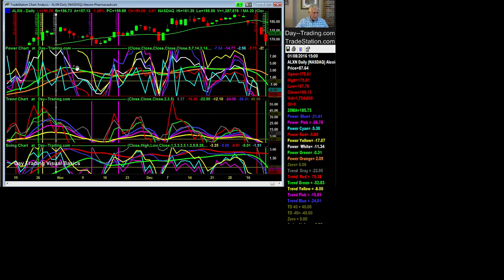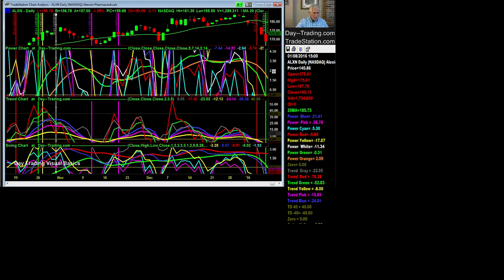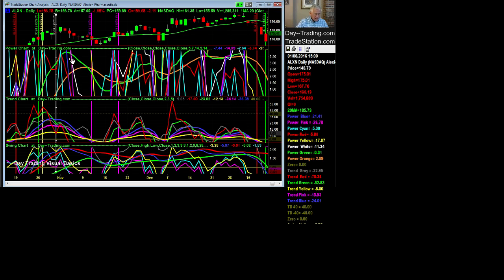And the power green is also telling you, if you look up here, the power green is right in here. The power green turned down. It did a top of cycle turn 3 days after that gray line, that second red candle.